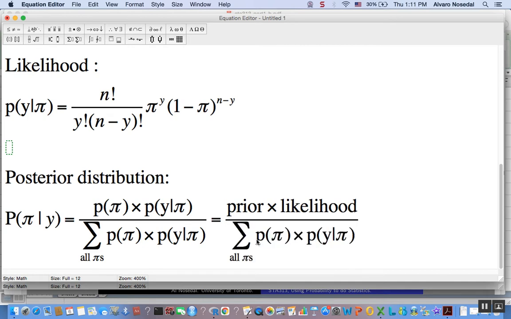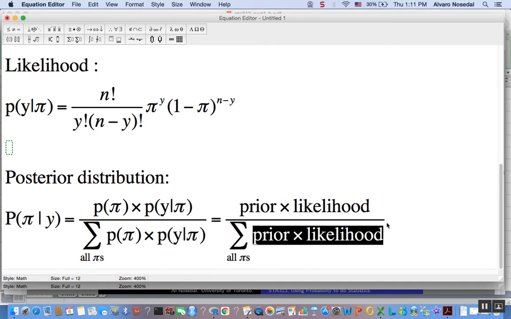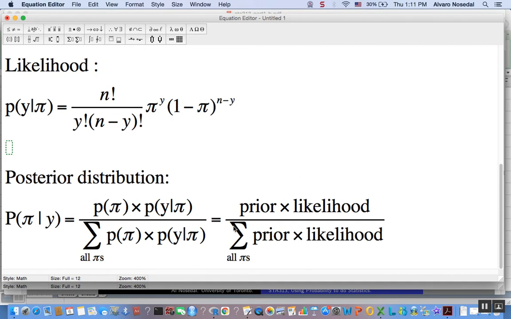If you think about it, what we have here is the sum of all those products of prior times likelihood. So we would like to compute something like this and generalize that idea of finding a sum for all values of pi, the proportion.